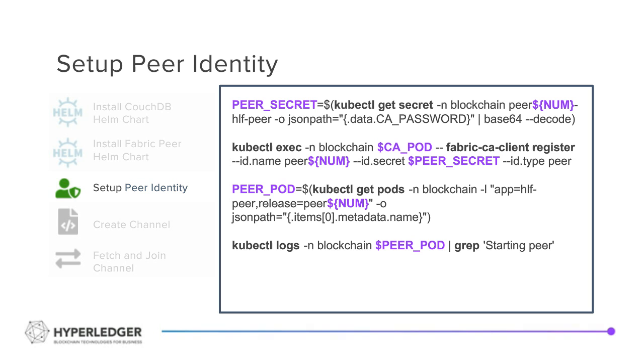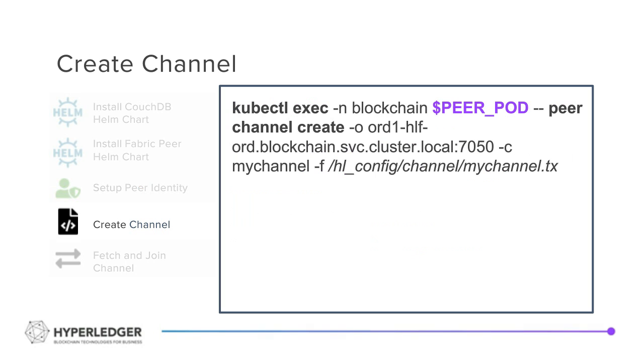So once the first peer is created, you can create the channel. For this, you will need to specify the address of an orderer, the name of the channel, and the location of the channel transaction that we loaded into the peer from the secret it lives in.